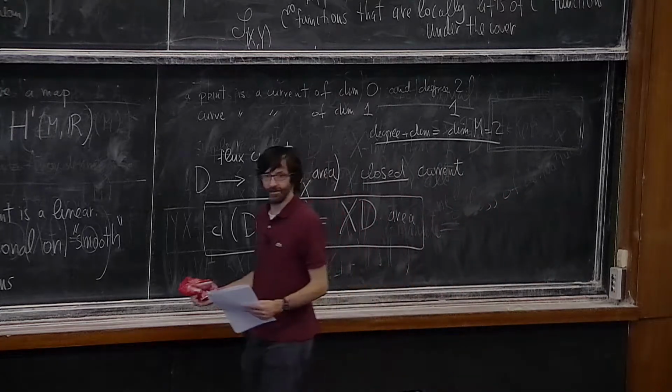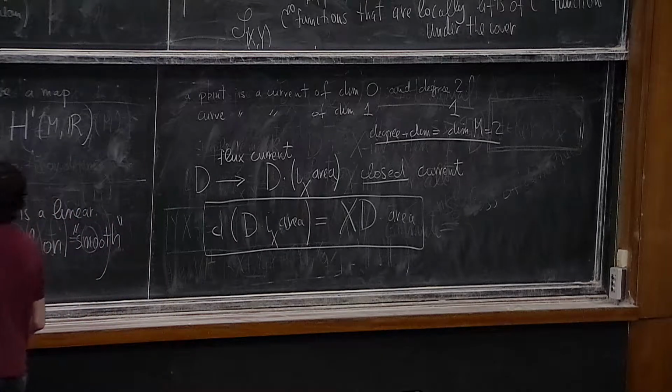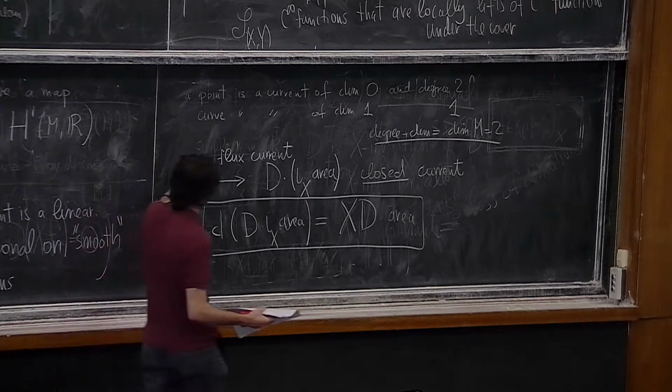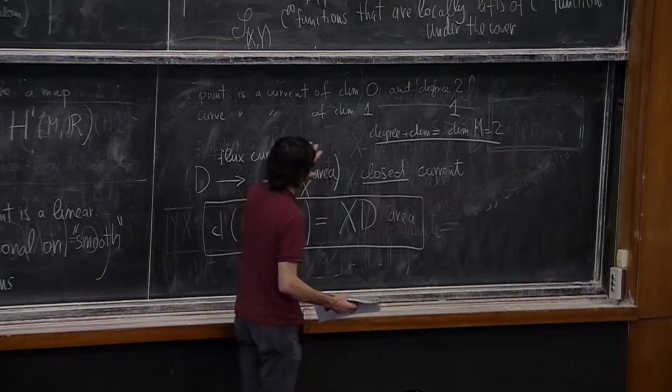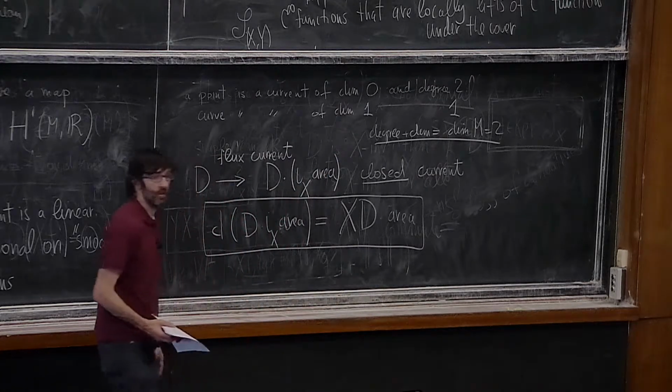This formula works as well for currents and says that if D is x invariant, then this current, this one form with distributional coefficients, is closed.